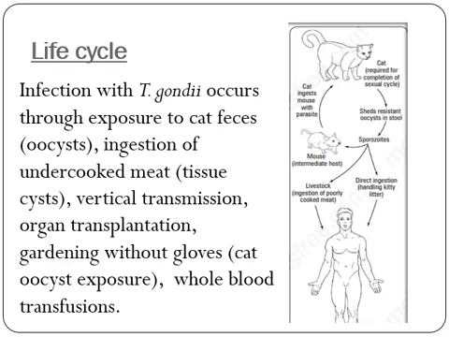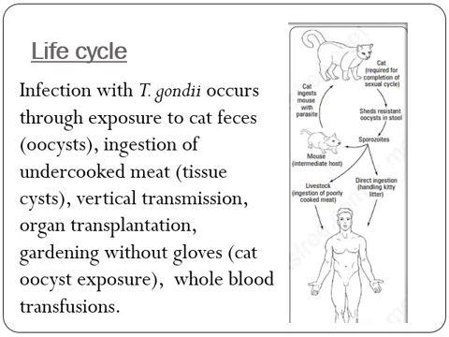This is by the tachyzoites. Also, organ transplantation. This can be by the tissue cysts. Gardening without gloves, also cat oocyst exposure, and whole blood transfusion. All these can infect man with toxoplasmosis.